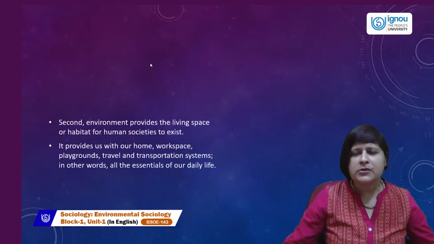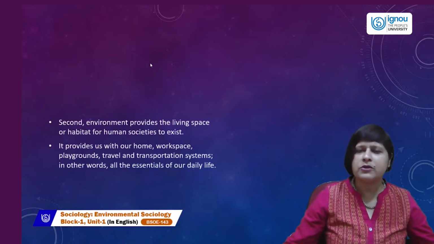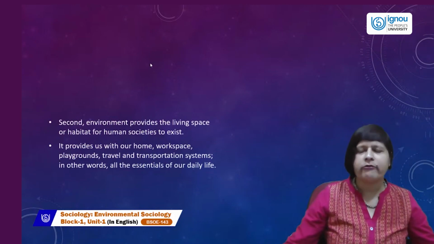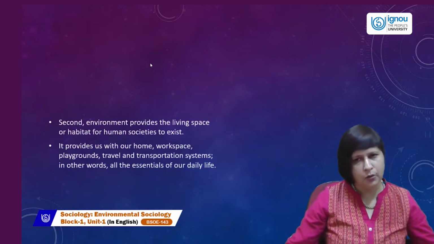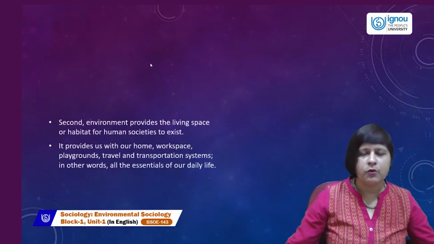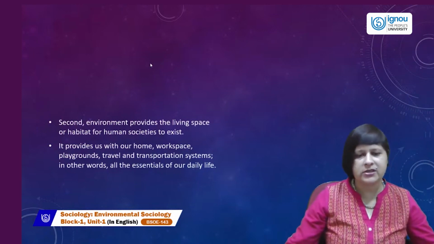But when human society consumes or exploits resources more, it results in the scarcity of those resources. The second factor is that the environment provides the living space or habitat for human society to exist. It provides us with a home, workspace, playgrounds, travel, and transportation systems.